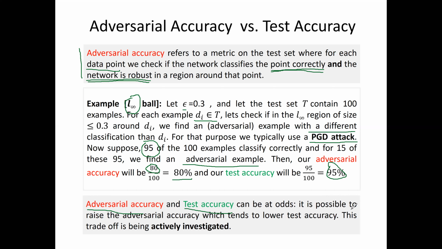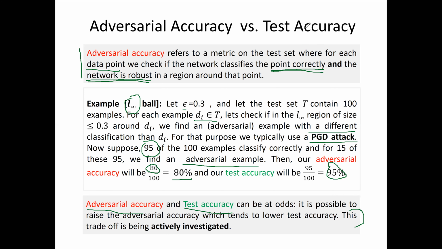So this trade-off of test accuracy versus adversarial accuracy, why it happens, is still a very active research question, and obtaining models that have state-of-the-art test accuracy, natural accuracy, and adversarial accuracy is still a challenging problem.